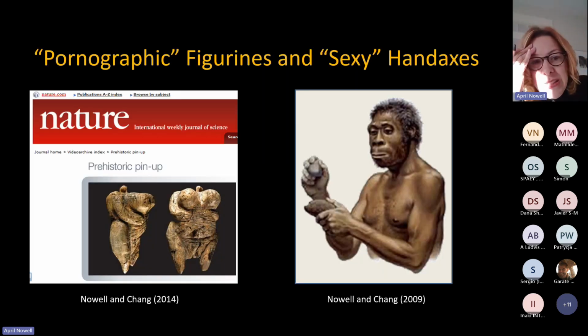And I've been thinking about this for a really long time, since at least 2009, but influenced by people like Mae Conkey and Rosemary Joyce and all of those who brought questions about gender to the field of archaeology, and not just, as Mae Conkey says, adding women and stirring, but rather asking really interesting questions about what women were doing in the past, and also questioning again our assumptions.